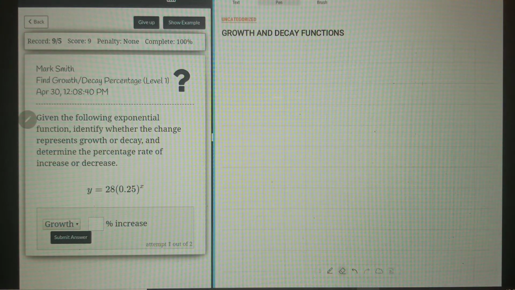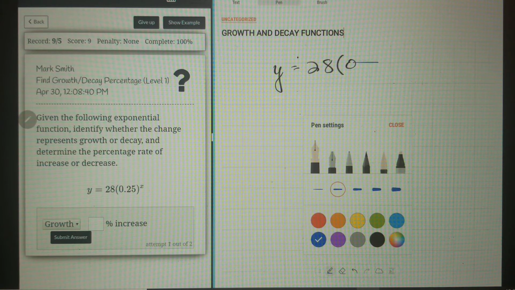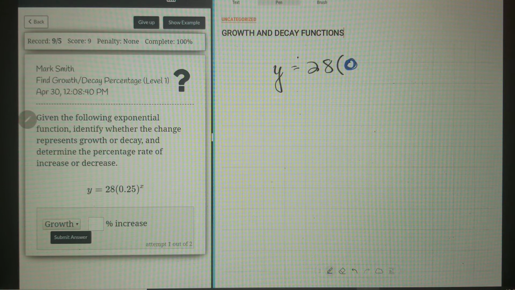All right, so we are going to do that over here. I'll do a few of these. All right, so we have y equals, actually let me do this in a different color, because the only part of this that you really care about is this part right here that's inside the parentheses.